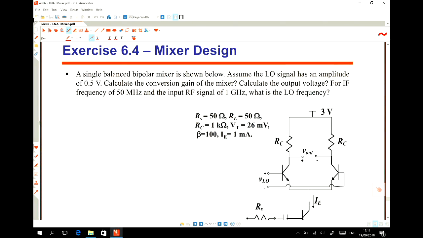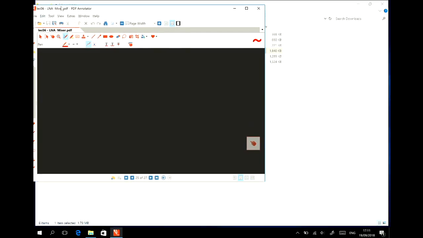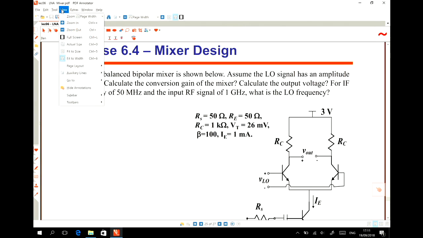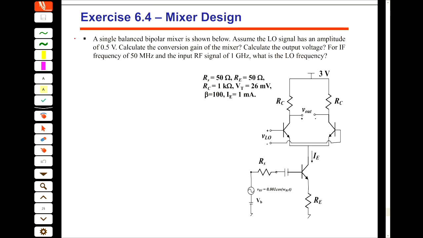Okay, a mixer. The question mentions that we have a single balanced mixer, bipolar, and assume that the amplitude of the LO is 0.5 volt.